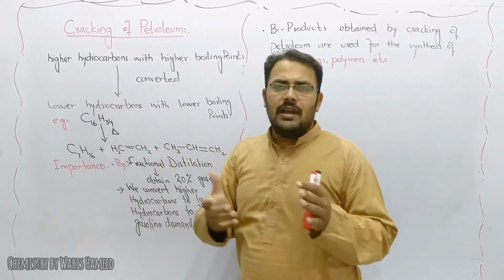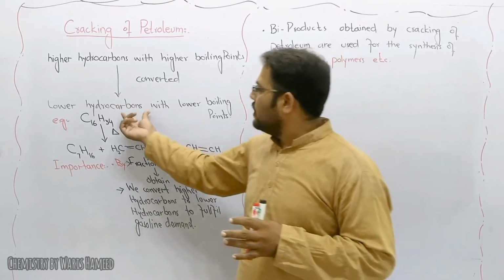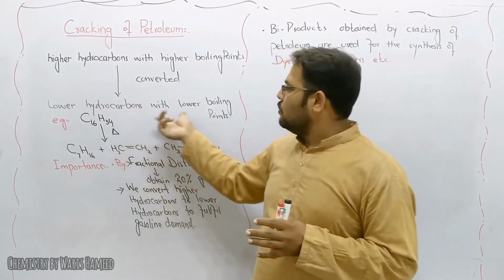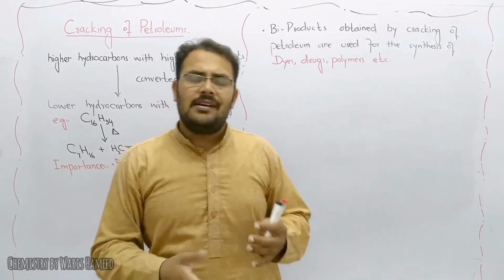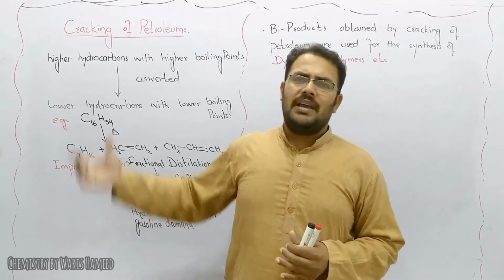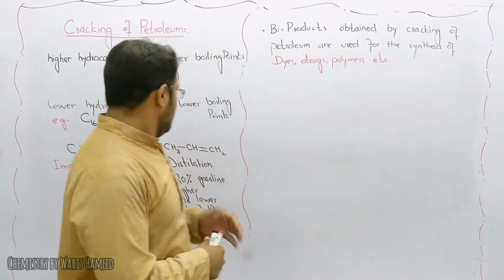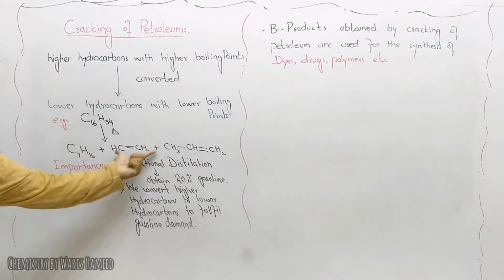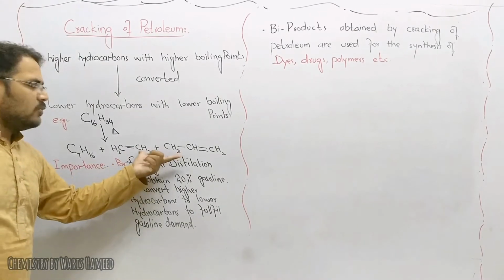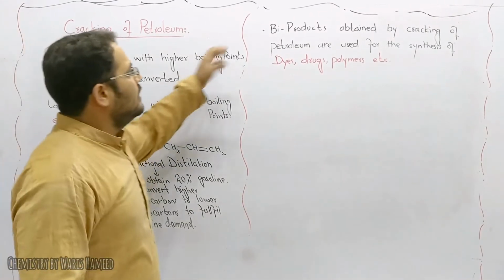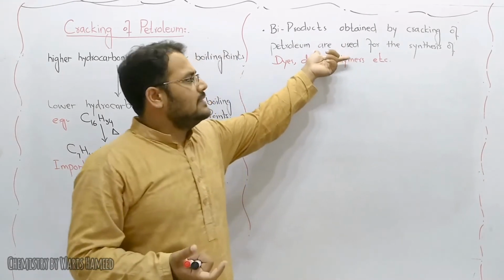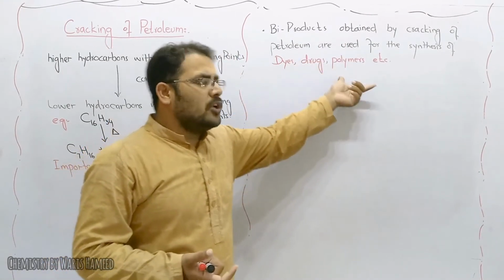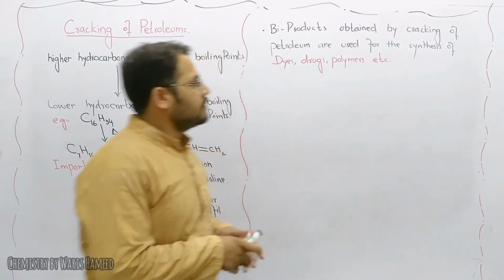We know that gasoline is a mixture of lower hydrocarbons with a lower boiling point, and we can increase the yield of gasoline by cracking. Cracking also gives us byproducts, which are used for synthesis of dyes, drugs, polymers, medicines, etc.